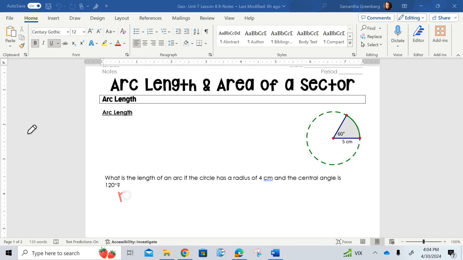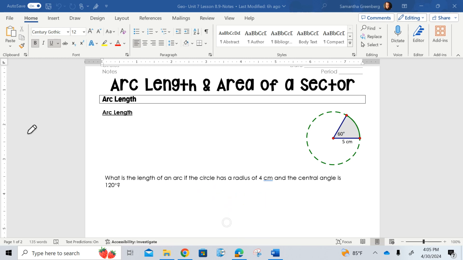So our radius is 4 centimeters, and our central angle is 120 degrees. Okay, so our arc length is 120 out of 360 times 2 pi r, or 4 centimeters.